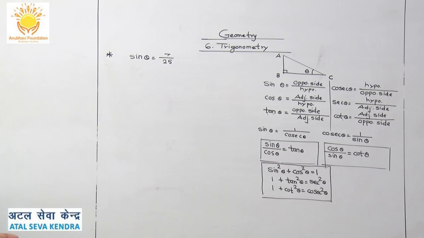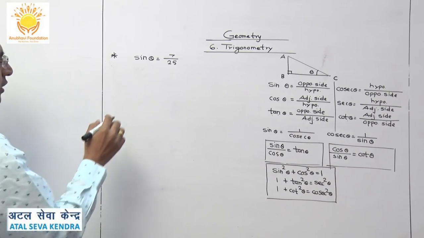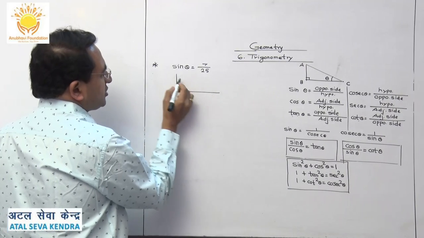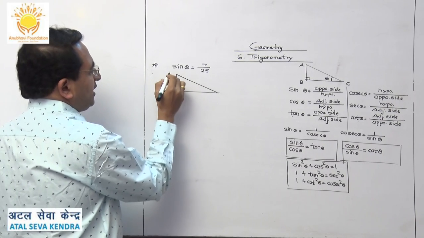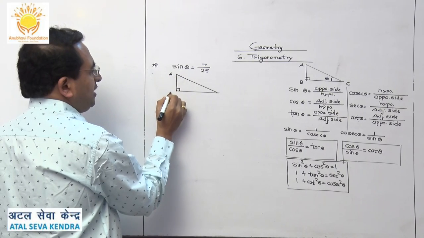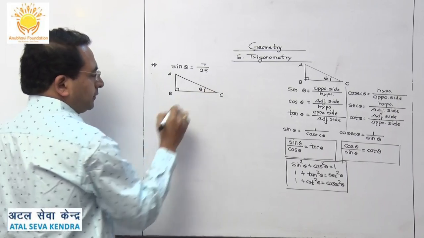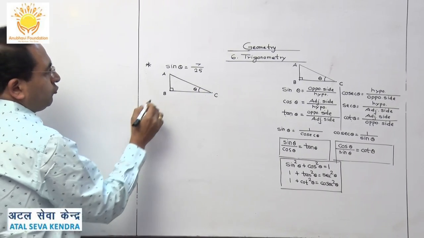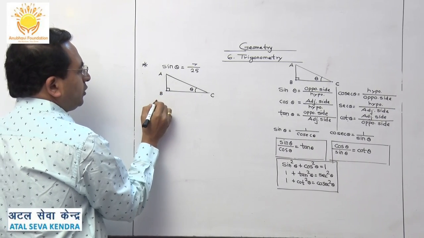Now how to go about that? It will work something like a triangle. Now that triangle is going to be something like this. This triangle is going to be right angle triangle, which will be named as ABC. Now we have to write theta here. Correct? Now, first of all, what you should do is draw this rough diagram, which will give you a clear-cut idea.